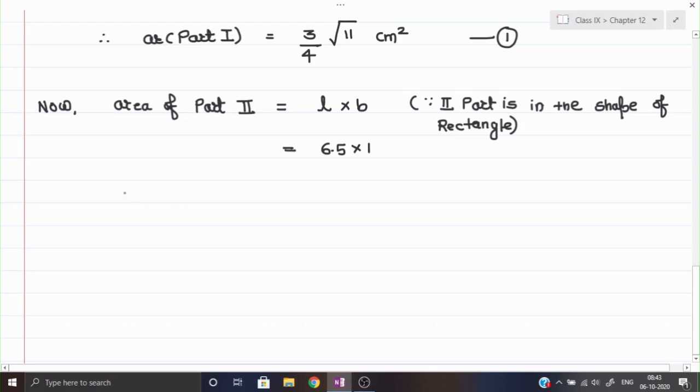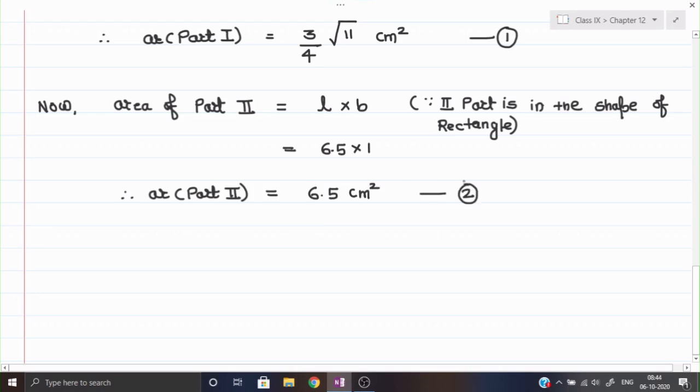So we can say that therefore the area of part 2, the second part, will be equal to 6.5 centimeter square. This will be our second equation.